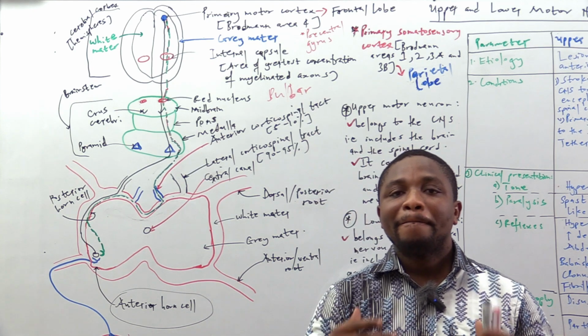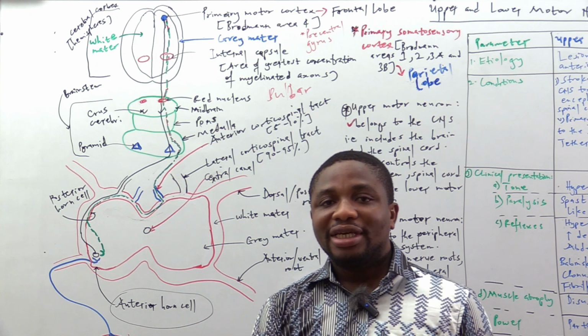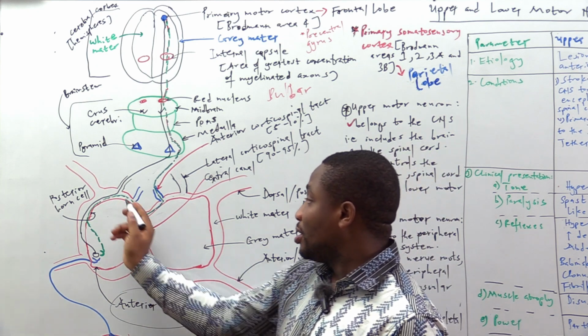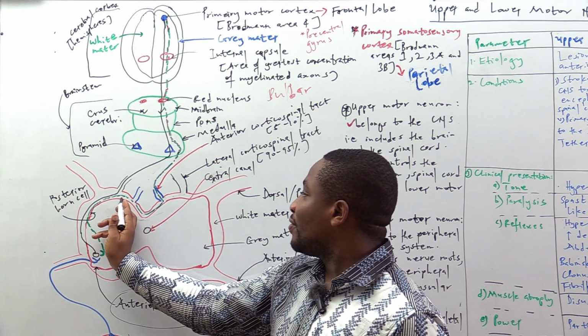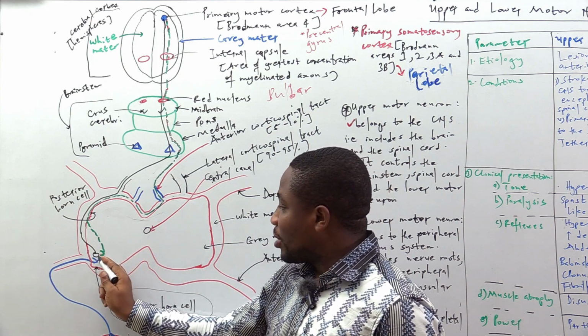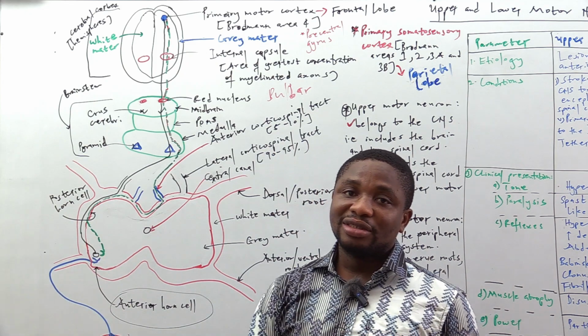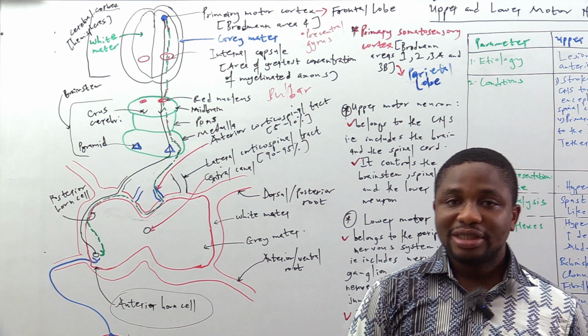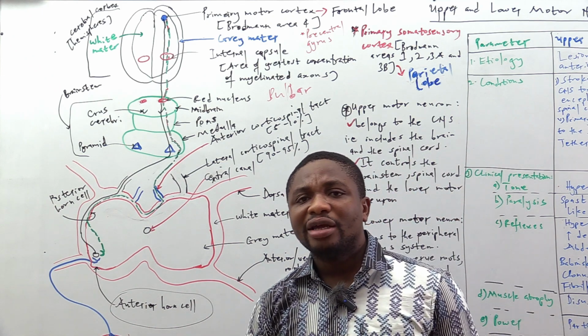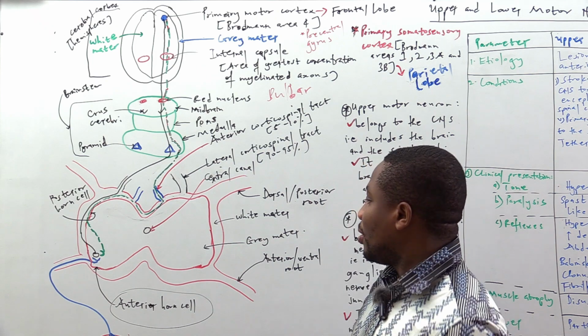But wherever cell bodies are concentrated, we will have what? The gray matter. So if you look at this very carefully, going through this path, we have the myelinated axons. That would make it what? White. But if you come here, you're going to have the cell bodies. That will give it a gray appearance. Thereby, we call it what? The gray matter.